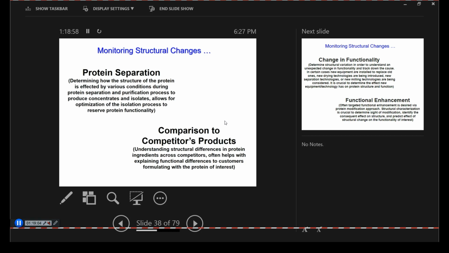So in order to understand how they can sell their product and attract their customers to buy their product rather than the 20 other companies, we had to look at the structure and function of 20 different protein ingredients in order to understand how they're different. And when we understand how they're different, we can explain the functional differences between Cargill's product versus other competitor products.